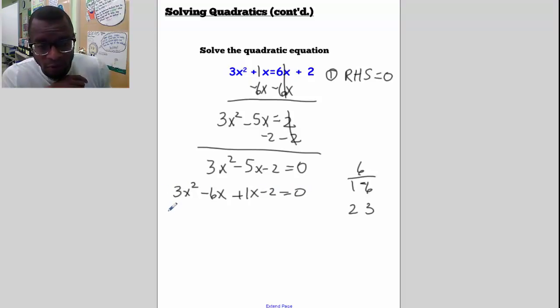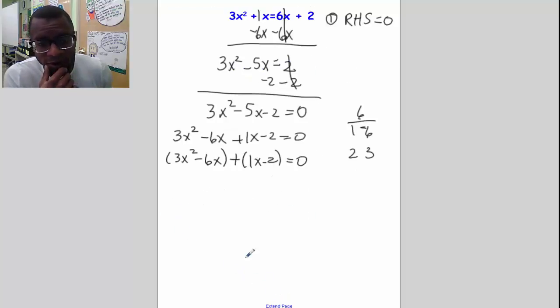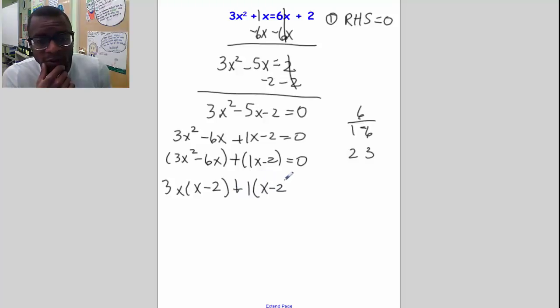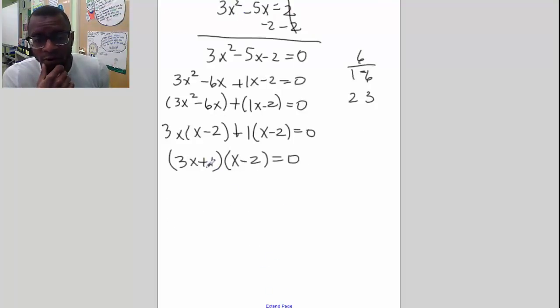I'm going to factor by grouping, and pull out my greatest common factor. Here it is 3x, so I get x minus 2, and here it's 1, so I get x minus 2. And so I get 3x plus 1 times x minus 2 is equal to 0. Now we want to utilize our zero product property. So we have 3x plus 1 equal to 0, or x minus 2 equal to 0.